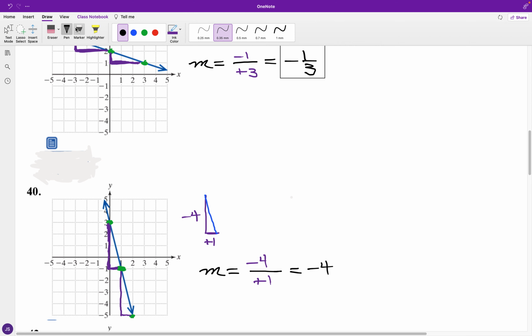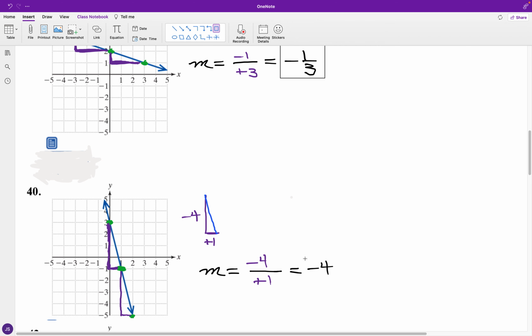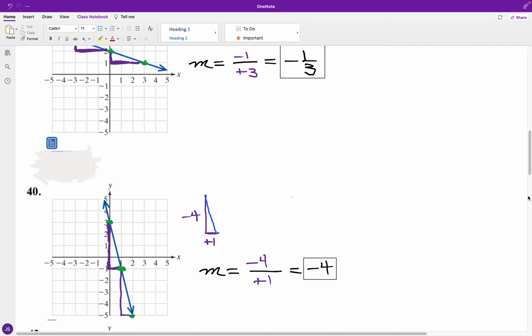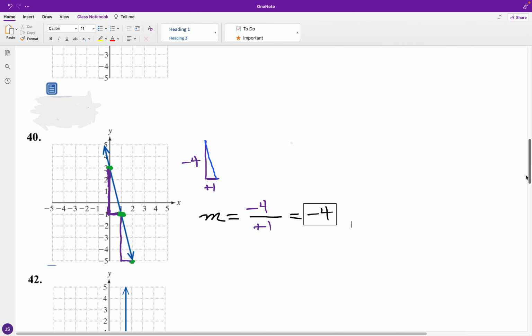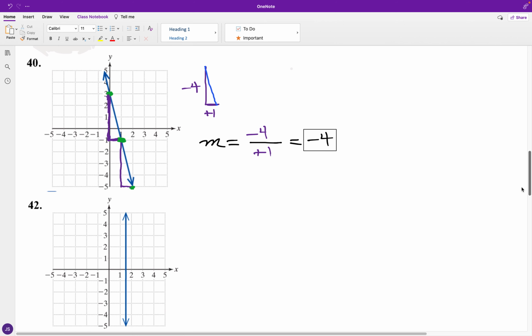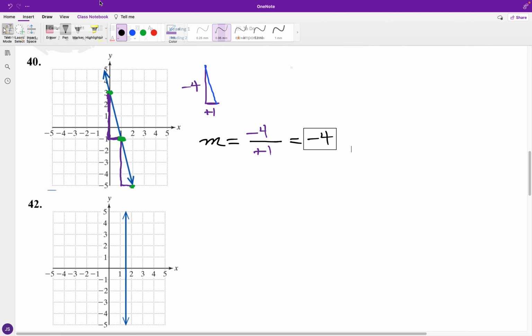Okay, so this will come out to -4. All right. Now, for what we have in the case of number 42, here we have a vertical line. And again, a vertical line would fail the vertical line test, because a vertical line is going to have an infinite number of intercepts that would intersect with another vertical line.